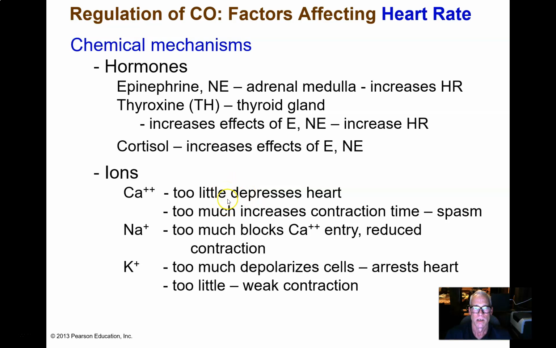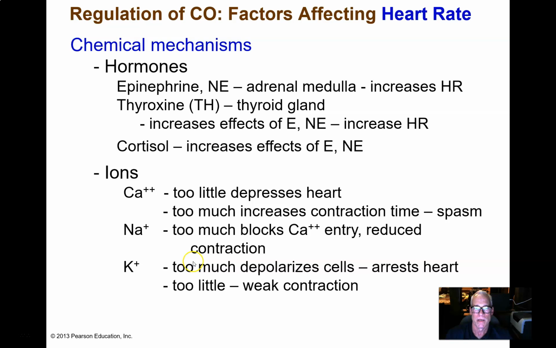It also affects the SA node. Too much calcium will cause your heart to kind of spasm. Sodium, too much sodium, it will block calcium entry into the cell. And remember, cardiac cells depend on calcium coming in from outside, which they then pump back out at the end of each beat and during each repolarization.